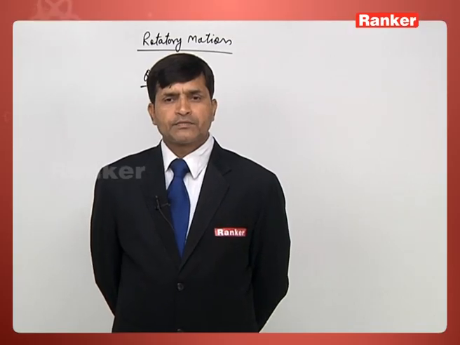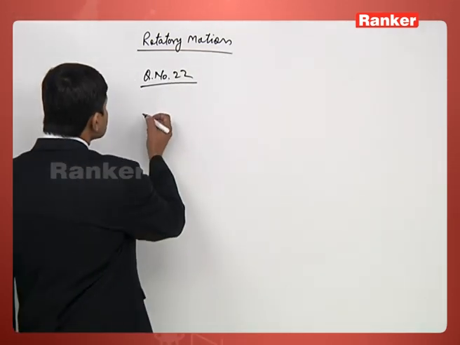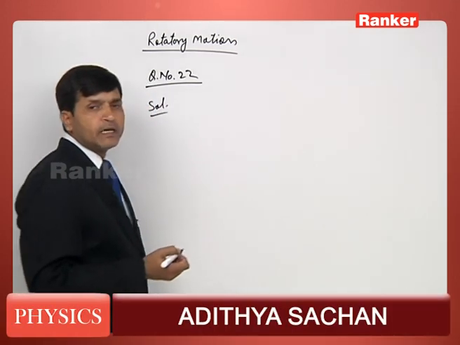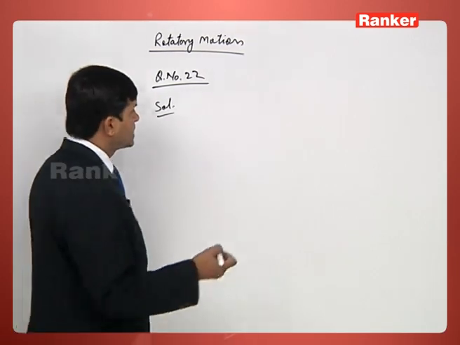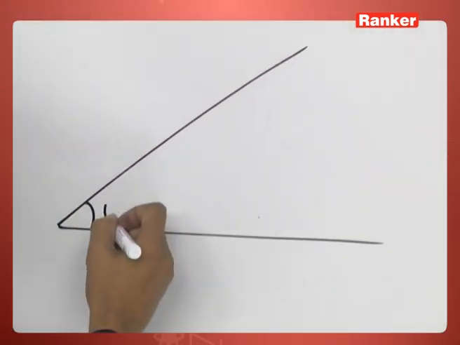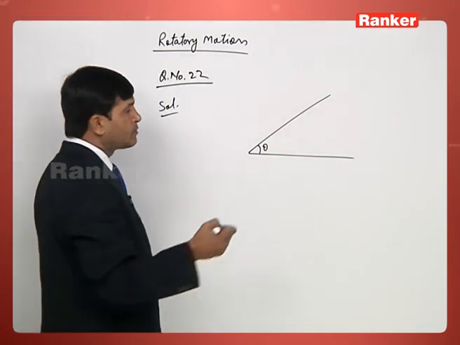Now see the solution, how to solve this one. The inclined plane of inclination 30 degrees is given. See, this is the inclined plane and solid ball.